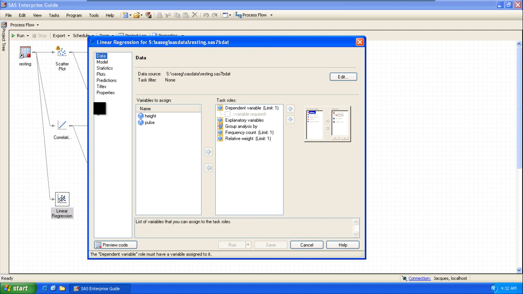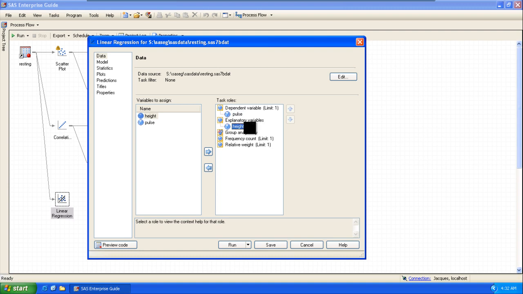Under data, we have two variables. The pulse is the dependent variable and height is the explanatory variable or independent variable.